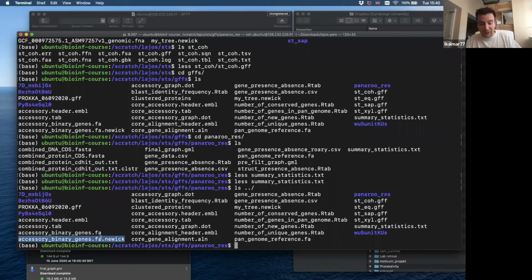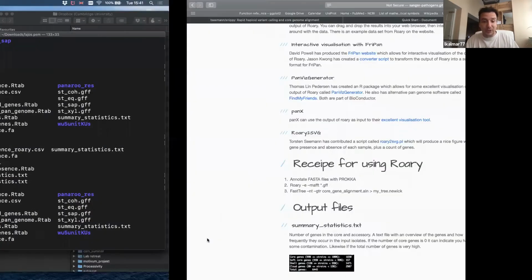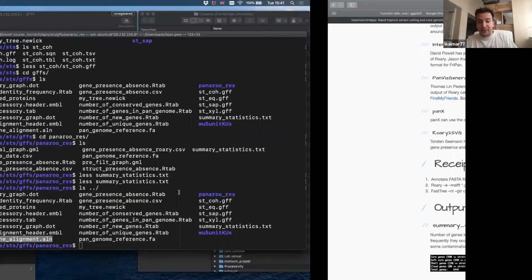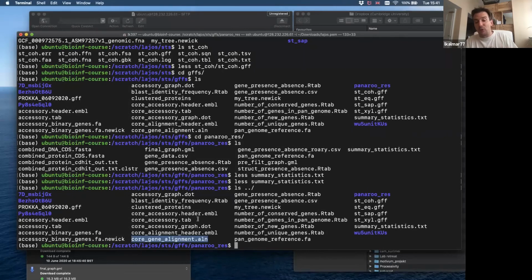We are recognizing genes by using some kind of gene annotation algorithm, and then we look for the similar genes, but we don't look deeply into the sequence of the genes, just the presence. If you want to look into the sequence of the genes, this is what you can do one step further by using FastTree, then you will have an alignment of all of those sequences that Rory extracted from the core genome.